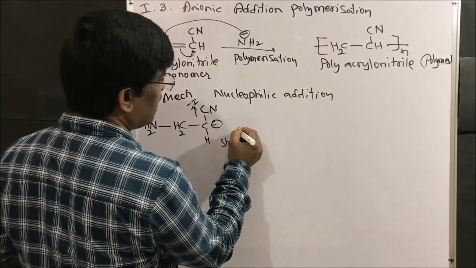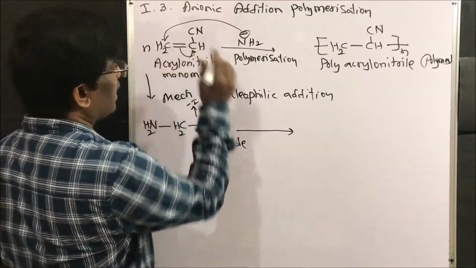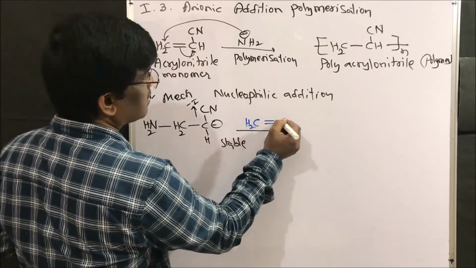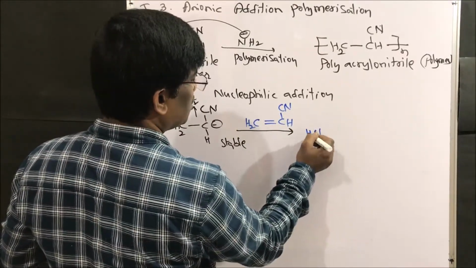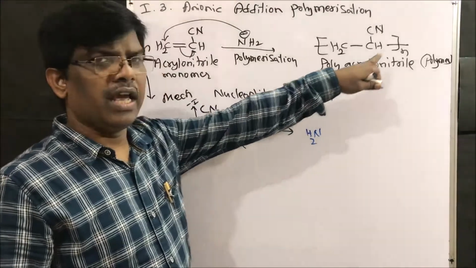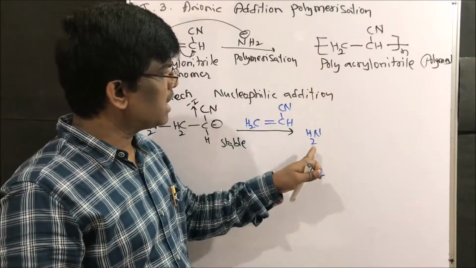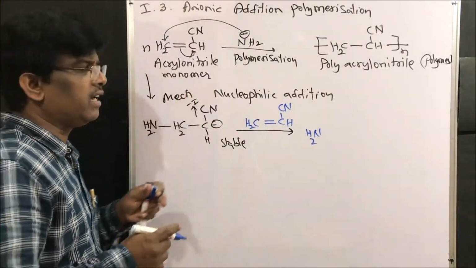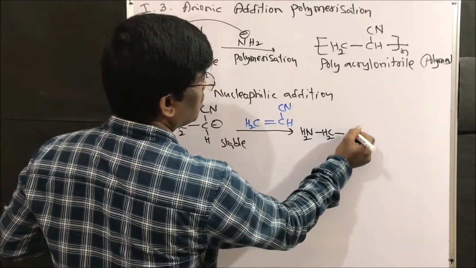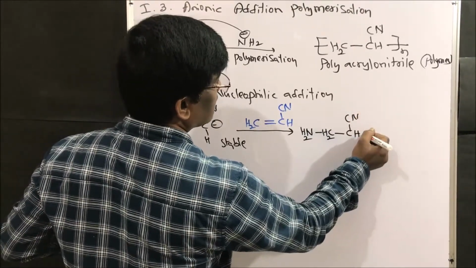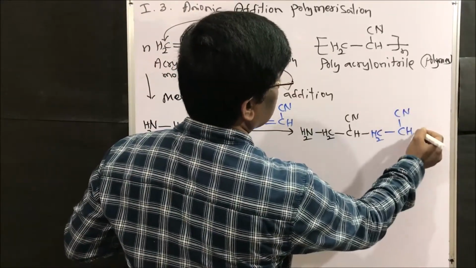Next step, what is there? It is very simple. It goes on adding to this molecule, right? Let us add another molecule. First take CH, CN. For your understanding, I am writing NH2. When you compare, for n molecules of acrylonitrile, the amine is not shown here because it will have only one amine group at one end, right? So it is going to give NH2, CH2, CH, CN, then CH2, CH, CN, right, friends?